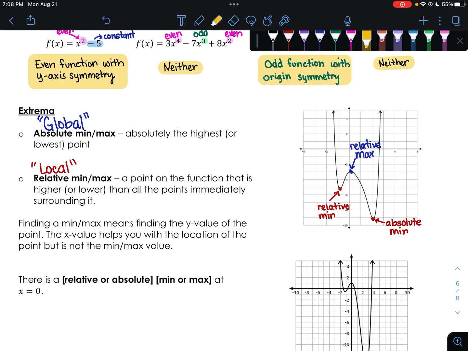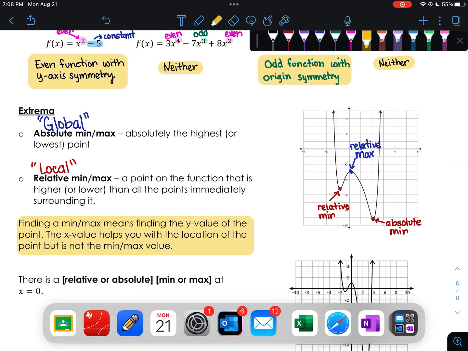Okay, this piece right here is saying finding a min or max means that we're finding the y value of the point. The min or max is always the y value because it's telling us the minimum or maximum value. In the real world, it's talking about the highest earning potential. So we want that, whereas the x value is the location, or it tells us how long it takes to get there, but it is not that min or max value.